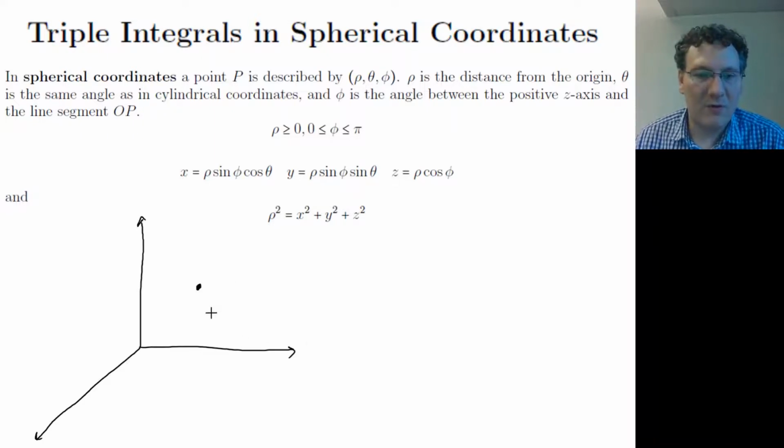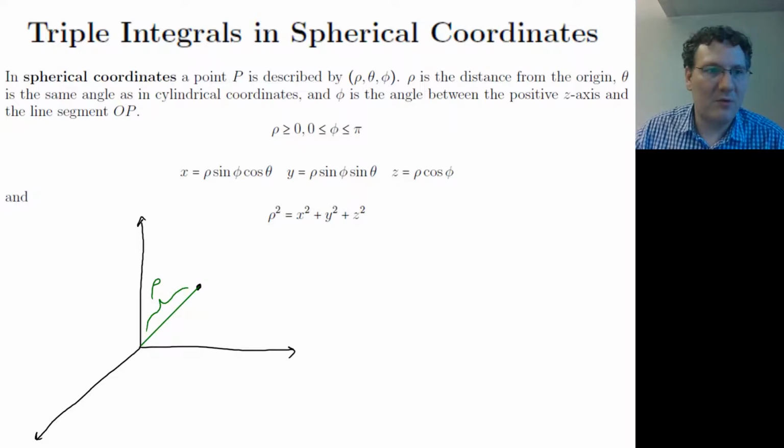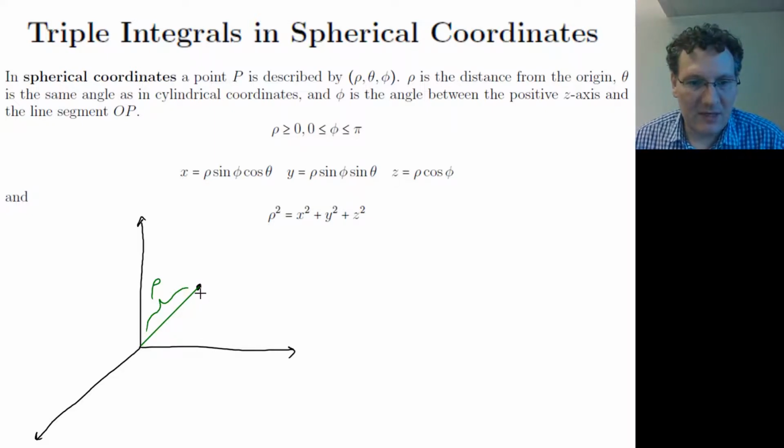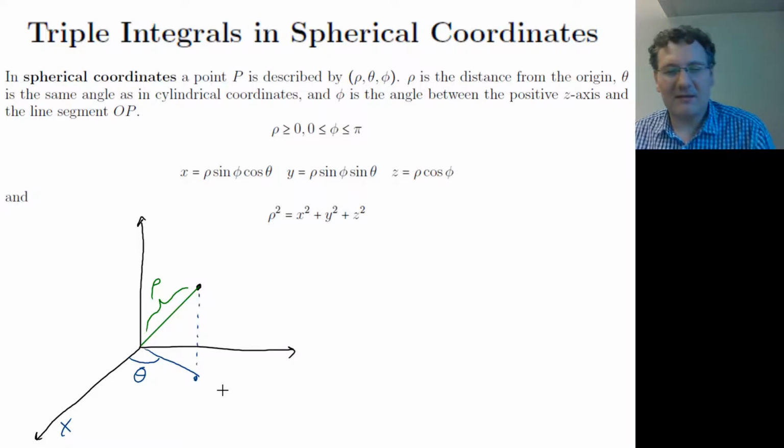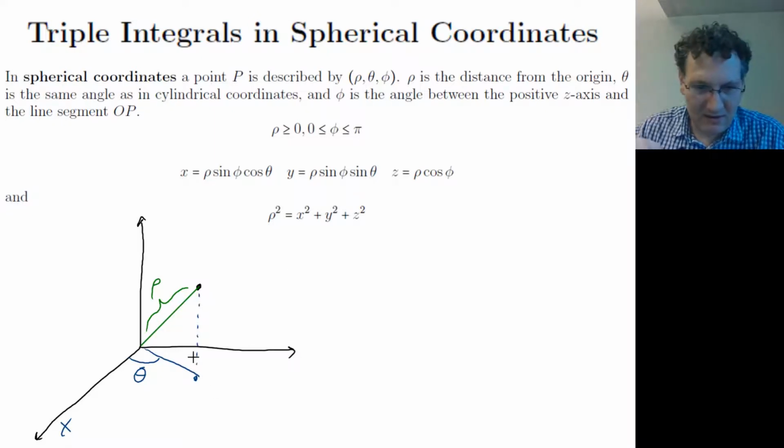So if you have this point in 3D space, the distance from that point to the origin is rho. If you take this point, go down, and project it to the xy plane, the angle between the x-axis and the line containing that point is your theta.